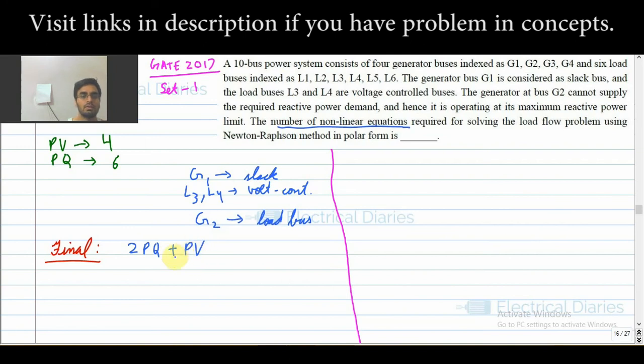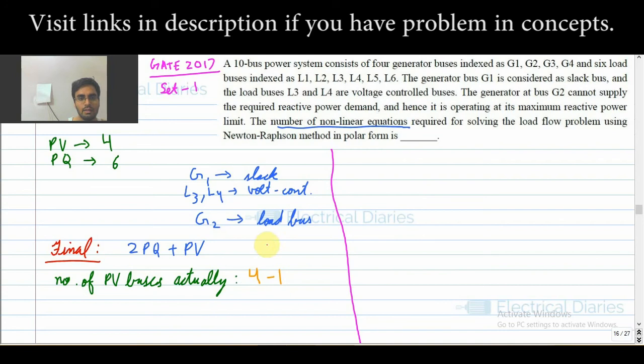Now let us find out how many PV buses are actually in the system. I have told you why a voltage controlled bus is taken as a PV bus. The number of PV buses is by default given to us as 4, out of which one is the slack bus.